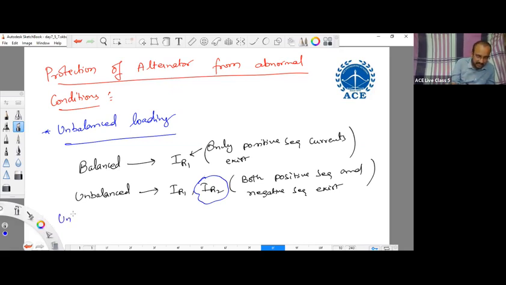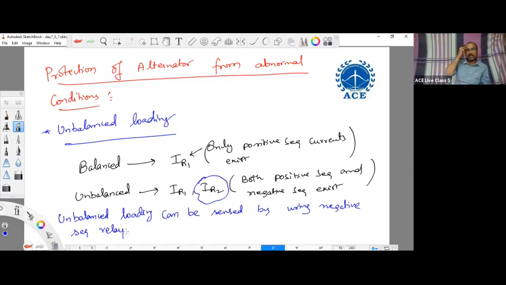Unbalanced loading can be sensed by using negative sequence currents. If you can sense the negative sequence currents, the problem is solved. Unbalanced loading can be sensed by using a negative sequence relay.